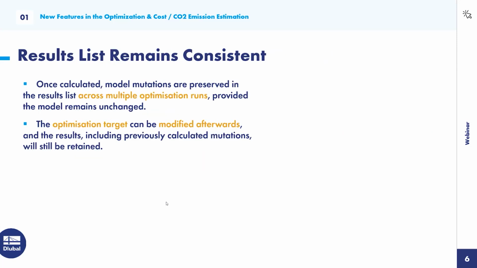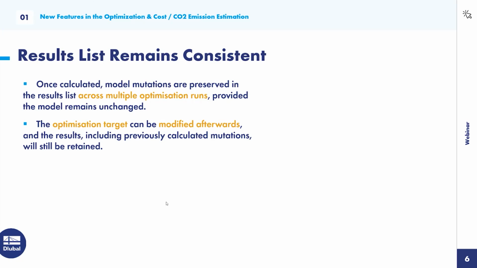The second one, also regarding the results list, is that we are now collecting every result from all model mutations, even across multiple optimization runs. In the past, we started a new list every time you started a new optimization run. Now we changed that.